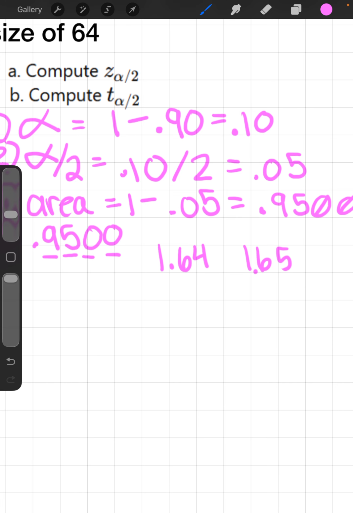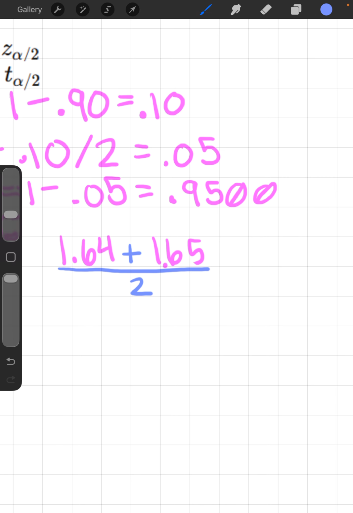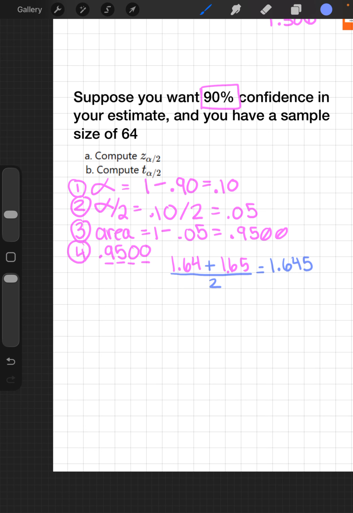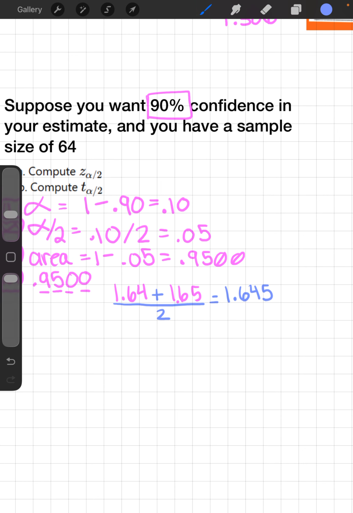What I'm going to do, I'm going to add these two together and get the average, because it's equally between. And then I should get 1.645. Let me double check. Yeah, 1.645.